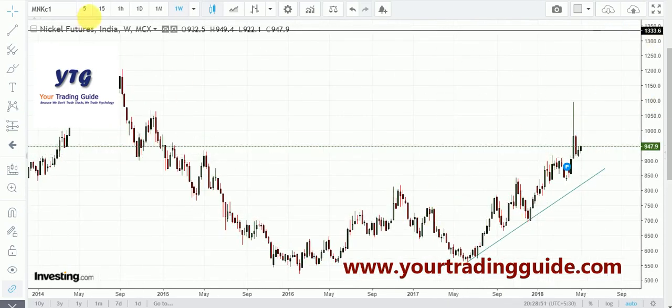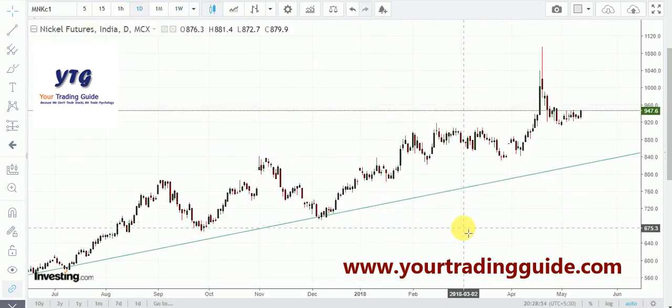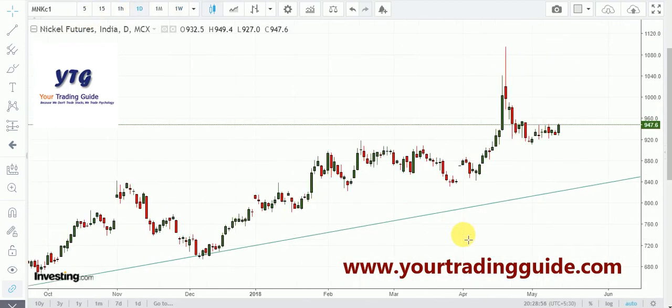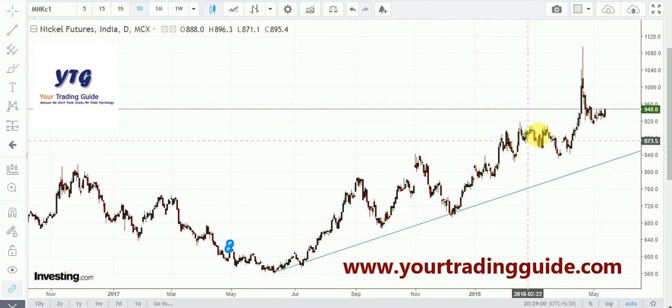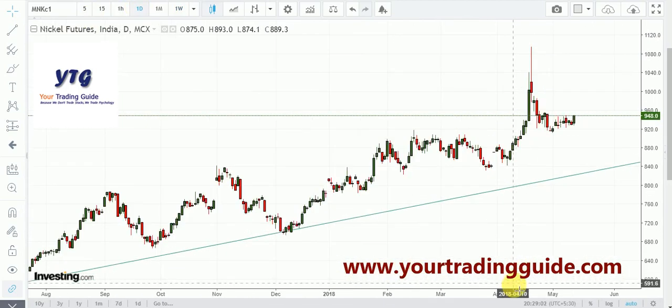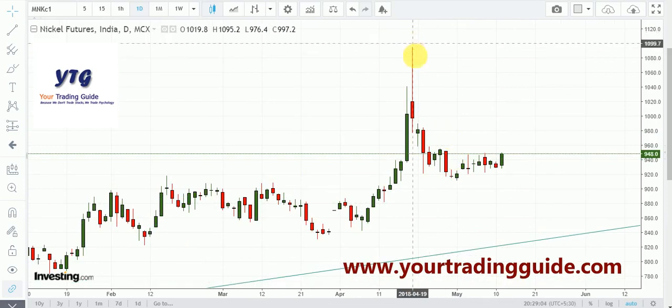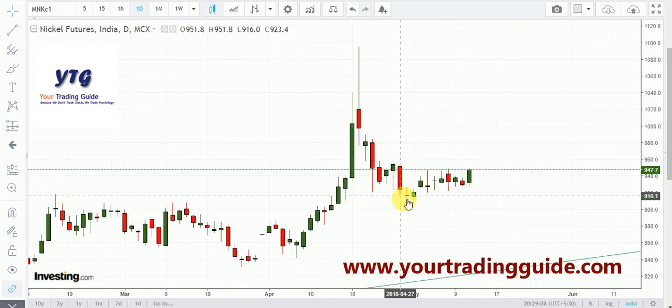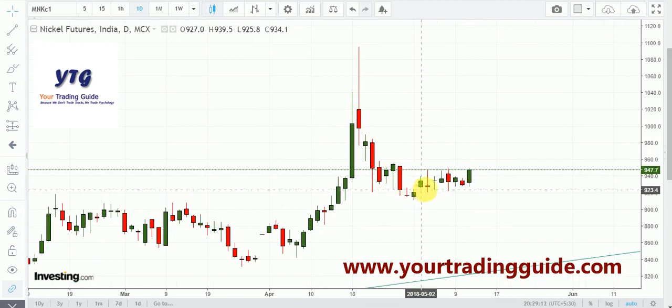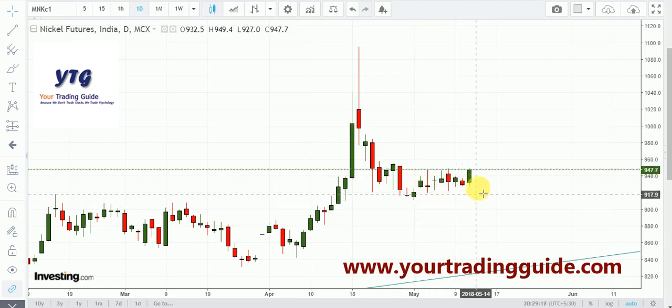Now let's go to the smaller time frame, the daily time frame. What I can see here is that it has been in a stellar uptrend, and after that we can see this fall. After the fall, it has been consolidating for 1, 2, 3, 4, 5, 6, 7, 8 and 9 days, and today it is trying to break this consolidation range.